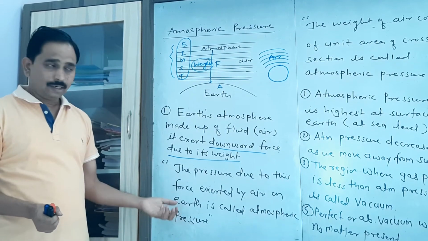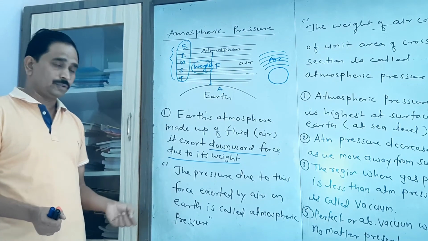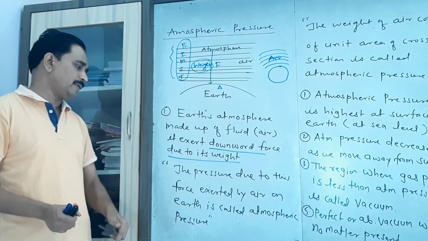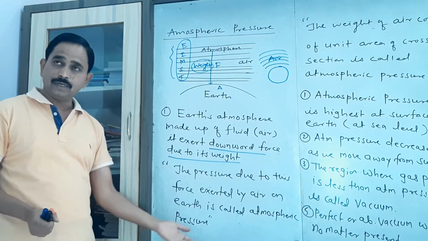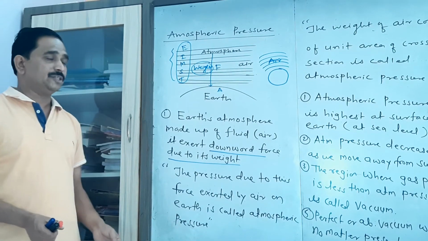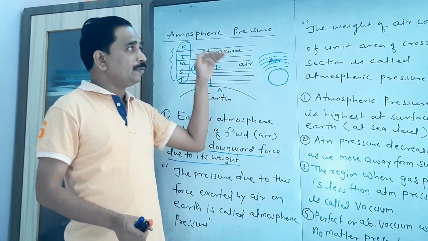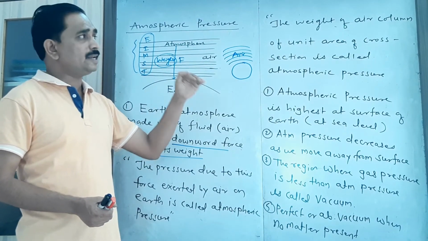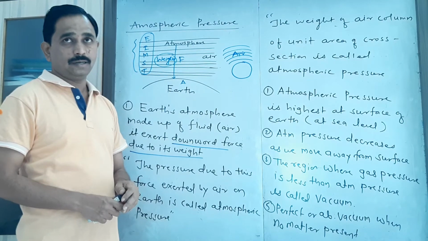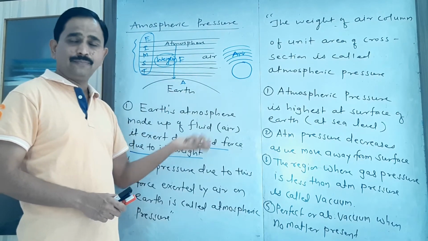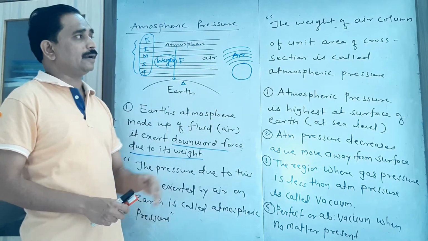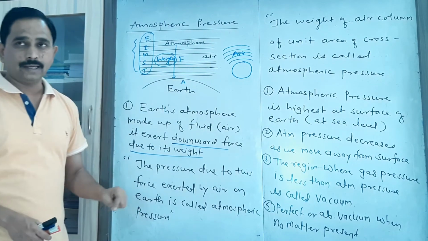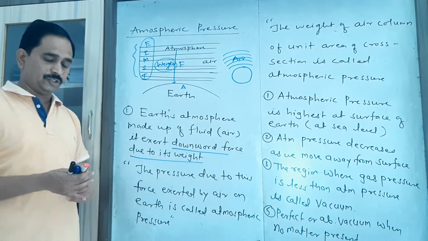So the pressure due to this force, whatever force is exerted by the earth's atmosphere in the downward direction, is nothing but the atmospheric pressure. Or you can say that the weight of the air column of unit area of cross section, the weight being nothing but the force, that is the weight of the air column of unit cross-sectional area, is called the atmospheric pressure.